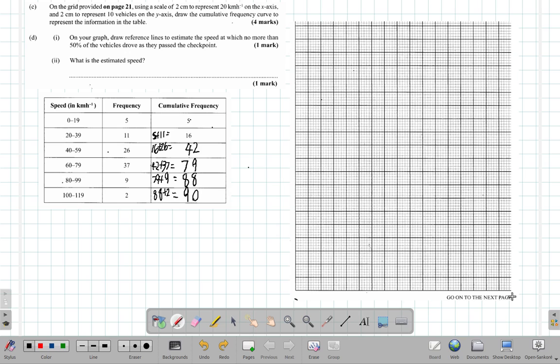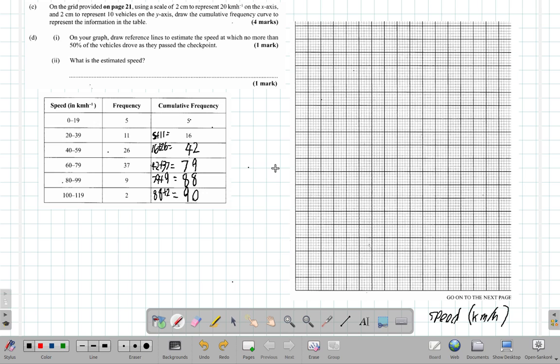So this is the x-axis, and it will have speed in kilometers per hour. And 2 centimeters to represent 10 vehicles on the y-axis.